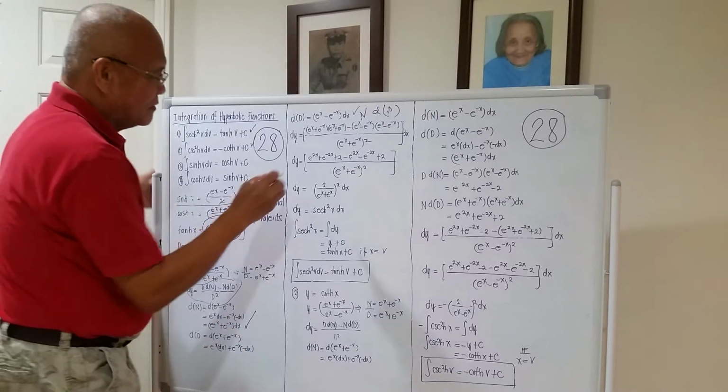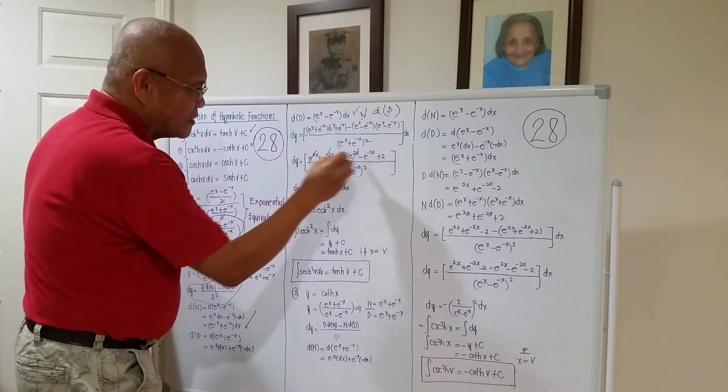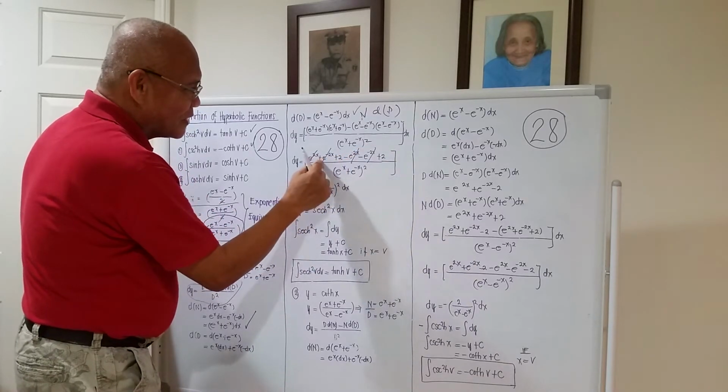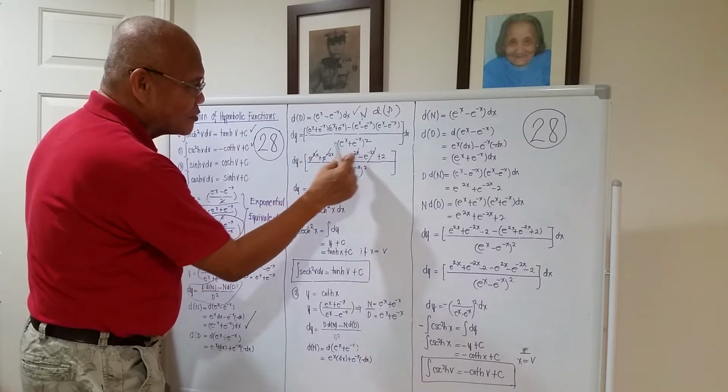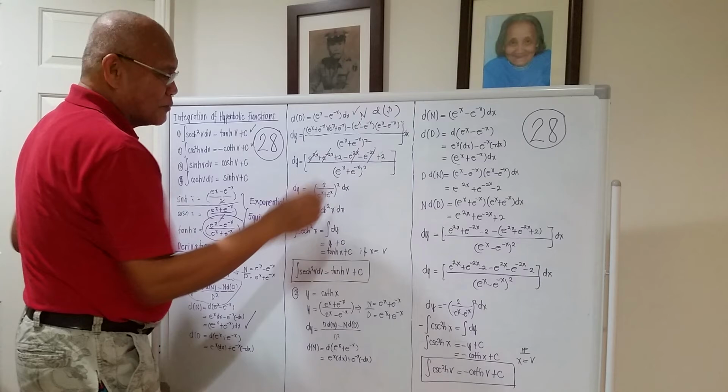This one cancels, this one cancels. Same exponent, positive, negative. This is 2x, this is 2x. This positive, this negative, so they cancel out. 2 plus 2 is 4.